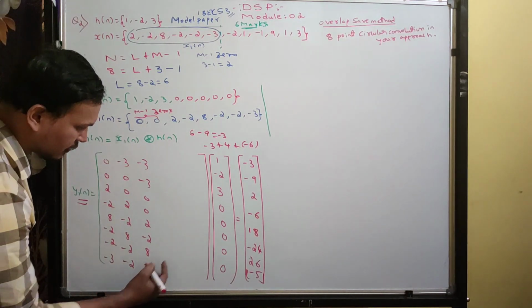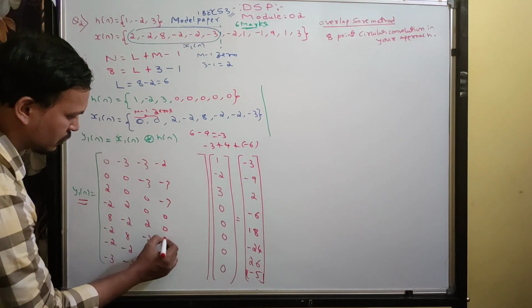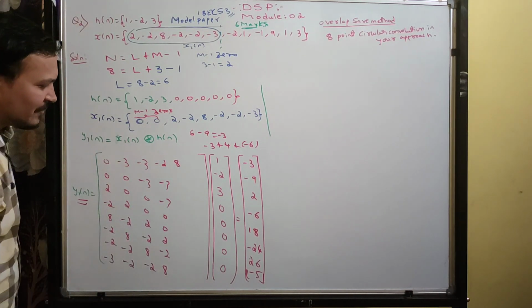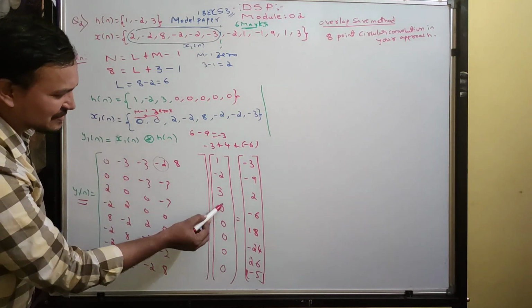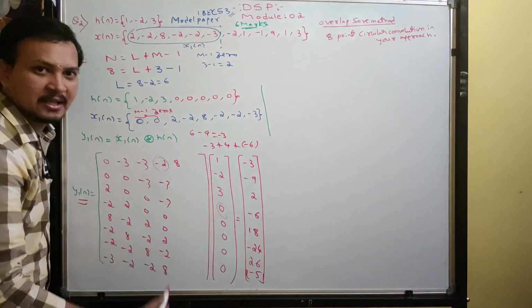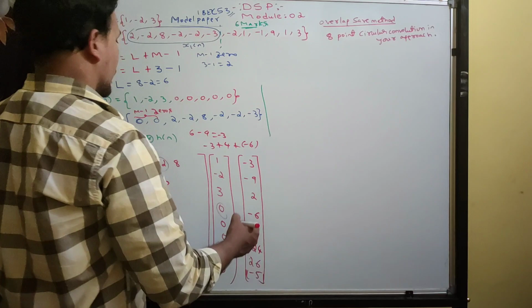How to shift? Minus 2, minus 3, 0, 0, 2, minus 2, 8. Like this. Now take 8. But look here, this into this, fourth one into fourth one, is 0 only now. That's why I have not written it completely. Got it? But you should do it properly. So that is the output y of n.